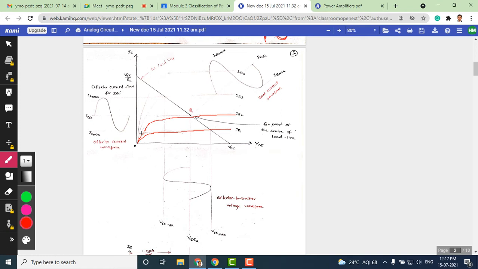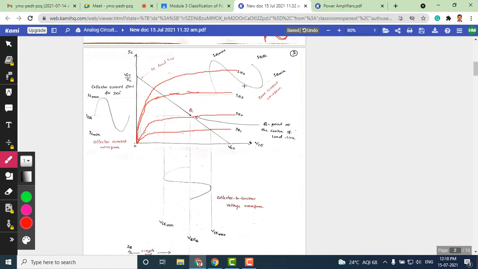Initially you can see that the current starts increasing, and later on it becomes constant. These are the various curves we have shown here. Since it is not visible, I'm writing here for your reference. These are the various family of curves for the transistor output characteristics.